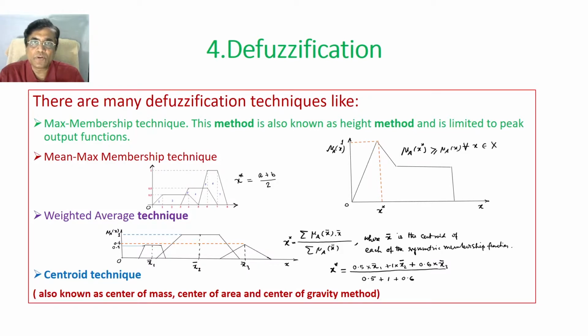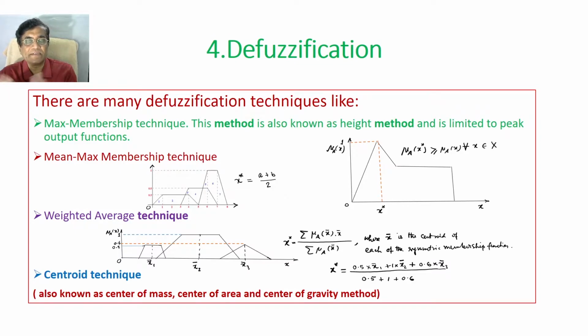So in output also, you define output, and then a membership function you also define in output, right? And once the rules are fired, you are getting output in the form of fuzzification, right?